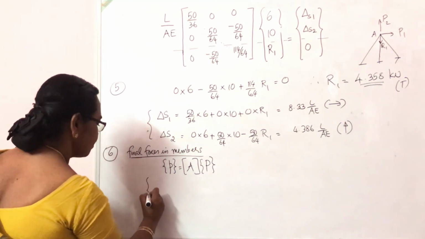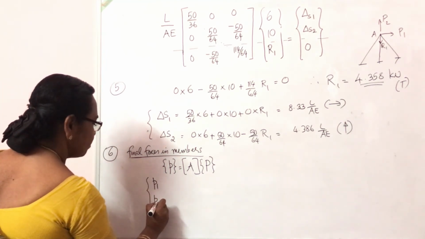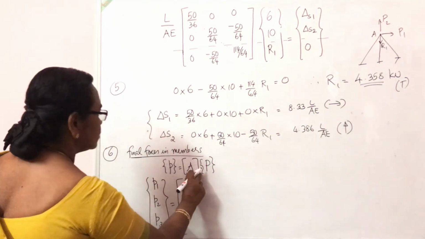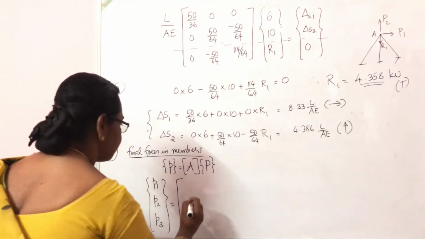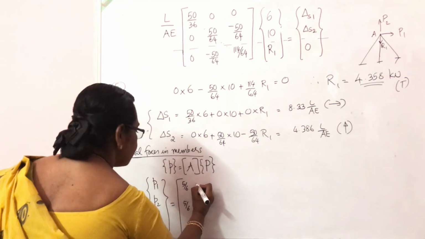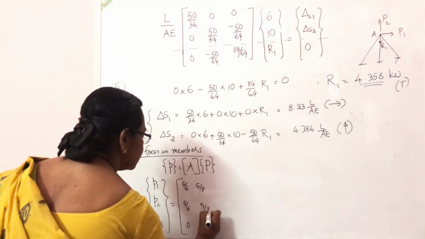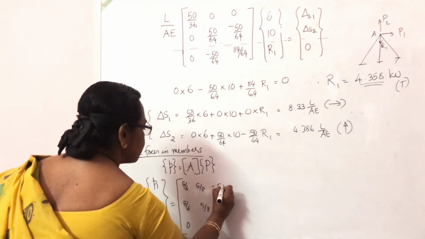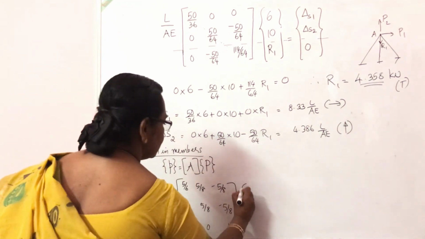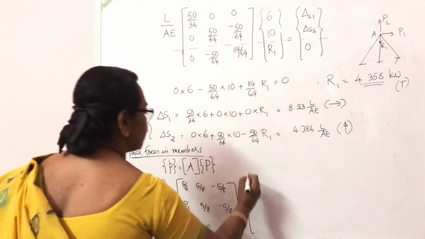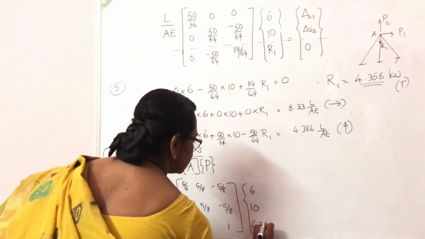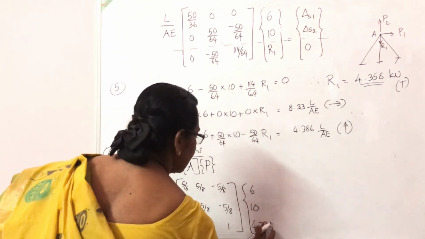From that we can write P1, P2, P3 is equal to the A matrix from the second step: 5 by 6, 5 by 6, 0, 5 by 8, 5 by 8, 0, minus 5 by 8, minus 5 by 8, 1. This was the A matrix into P1, P2, R1. P1 is 6, P2 is 10 and R1 is the value obtained in the previous step, 4.358.